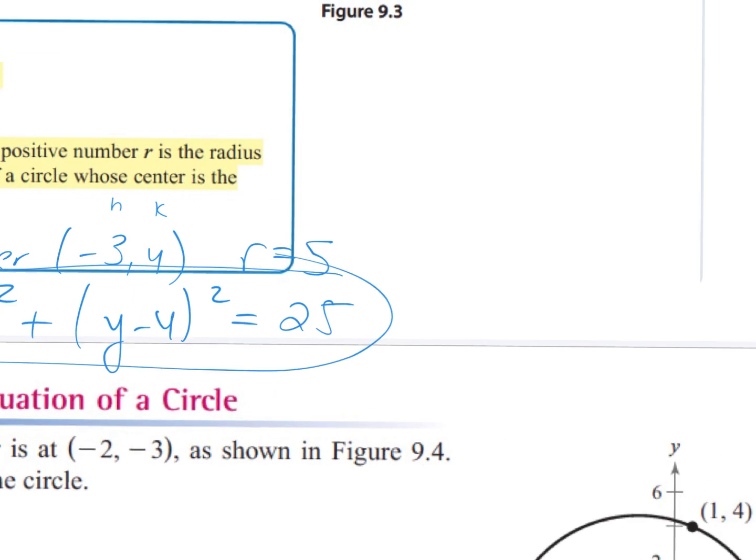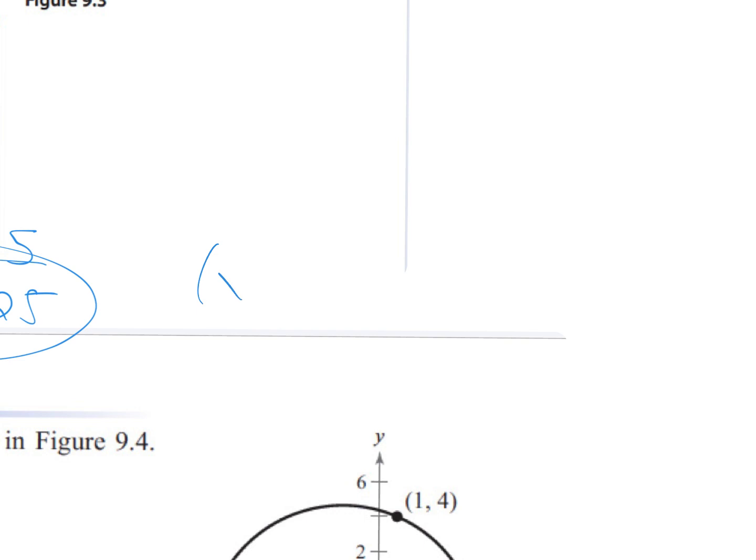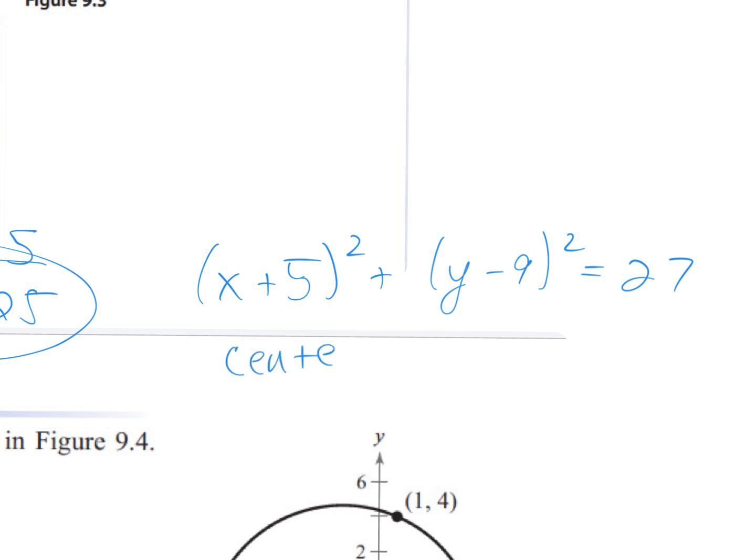Say you were given the equation. Say I give you this equation. X plus 5 squared plus y minus 9 squared equals 27. And I said, tell me what the center is. What's the center of the circle? Why are you guys telling me it's -5, +9?